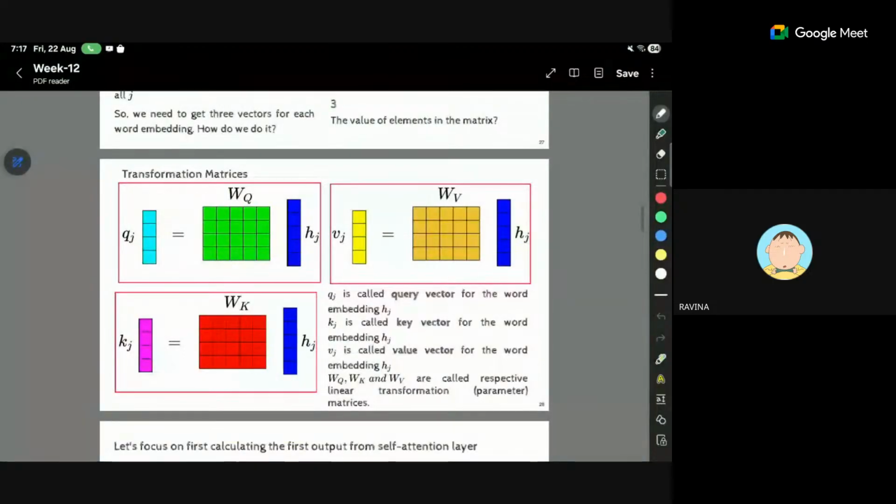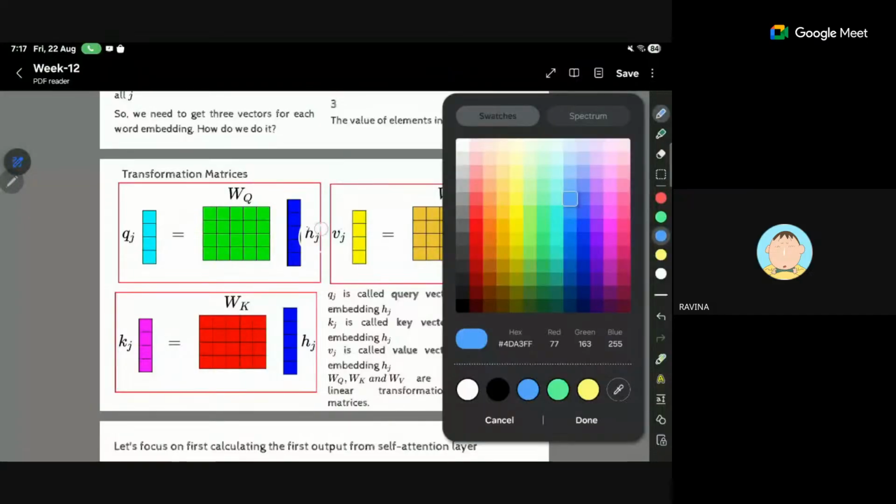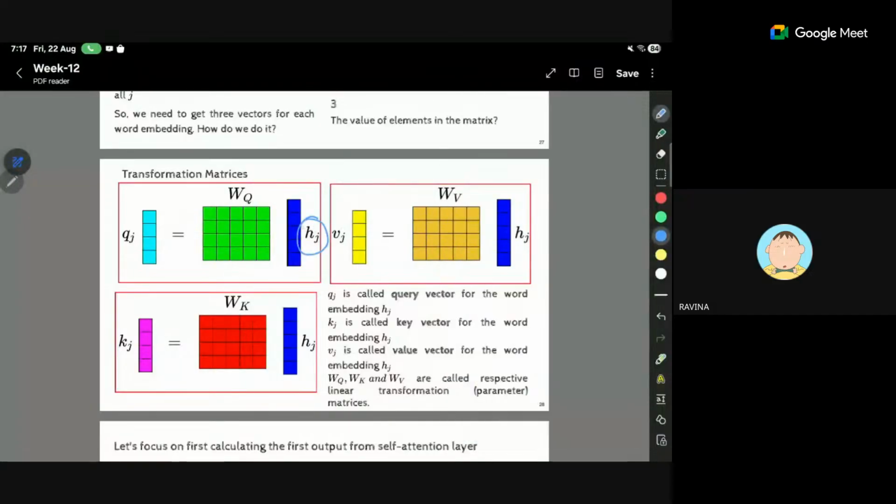First I have h_j right here. Now I'm going to produce three vectors out of it using the matrices W_Q, W_V, and W_K. If I do that, I'll produce three vectors which I'm going to call Q, K, and V. So Q, K, V are the three vectors you get out of that.